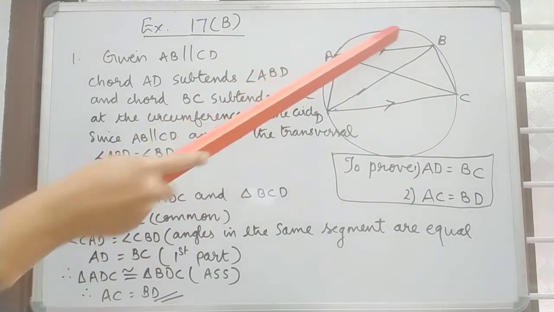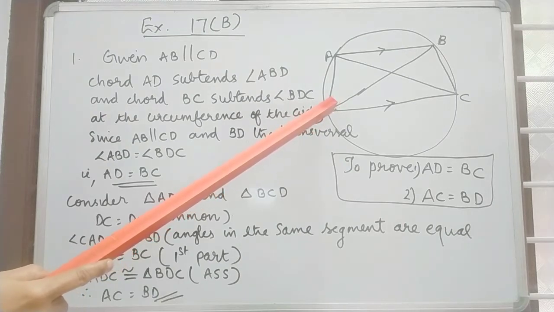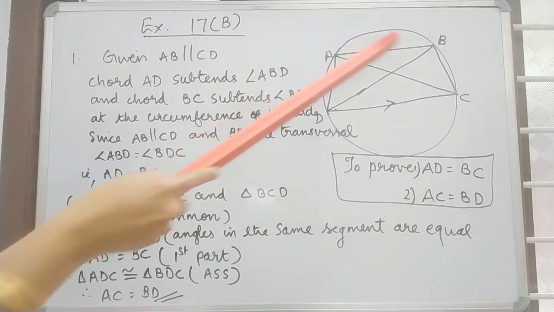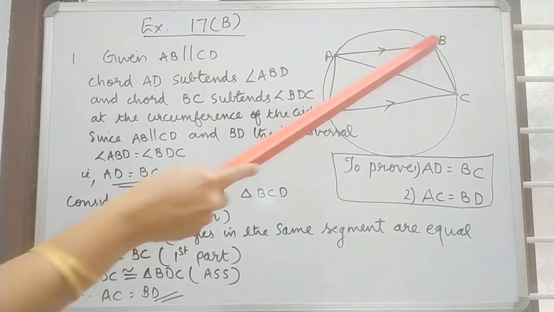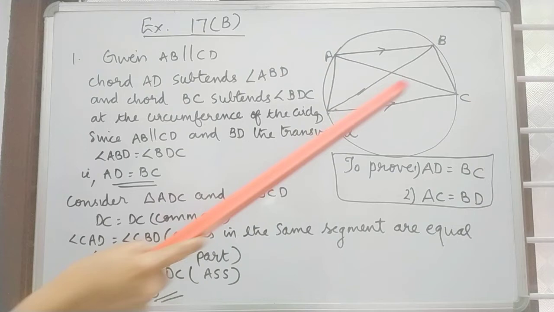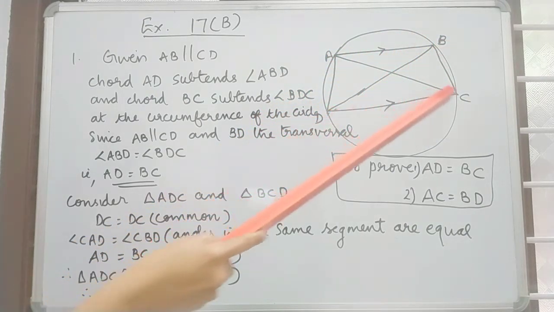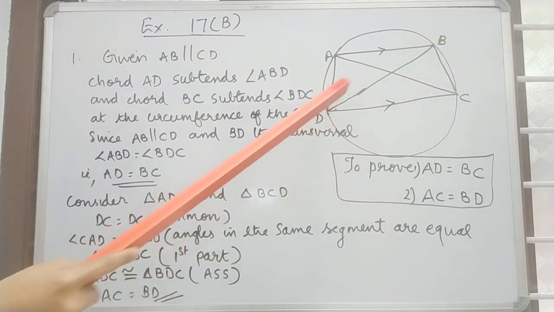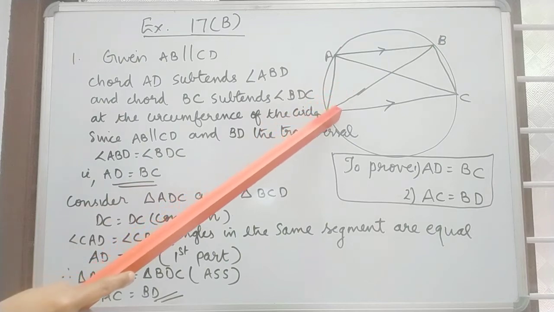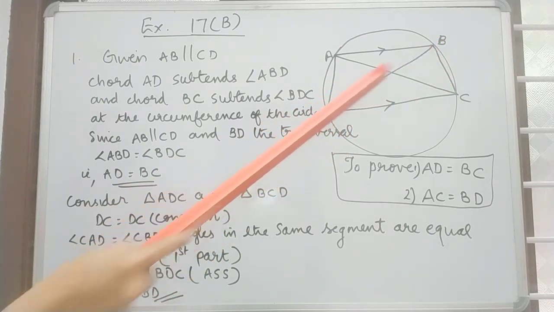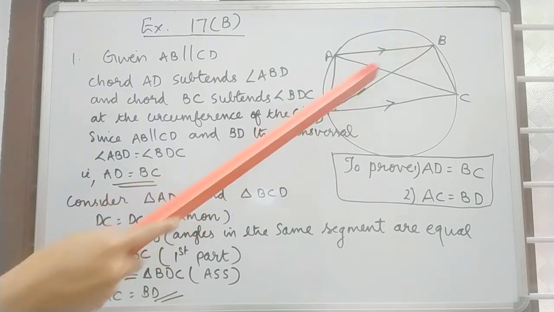Since AB is parallel to CD and BD is the transversal, angle ABD will be equal to angle BDC, since these two are alternate angles. Alternate angles will be equal.